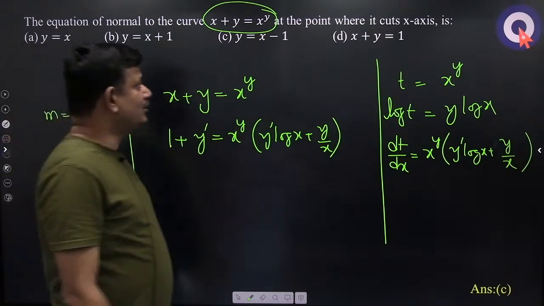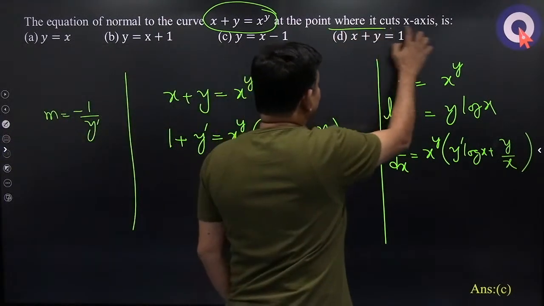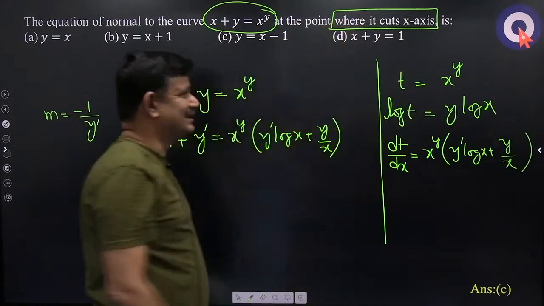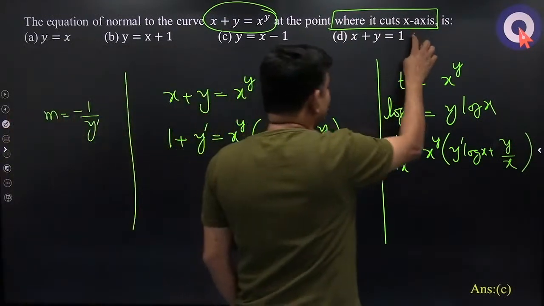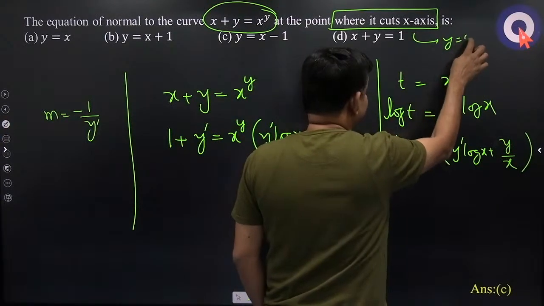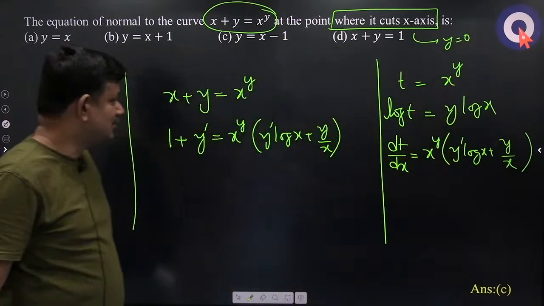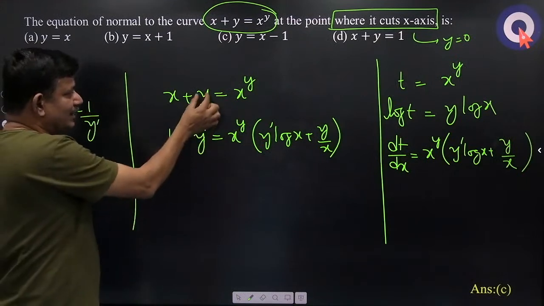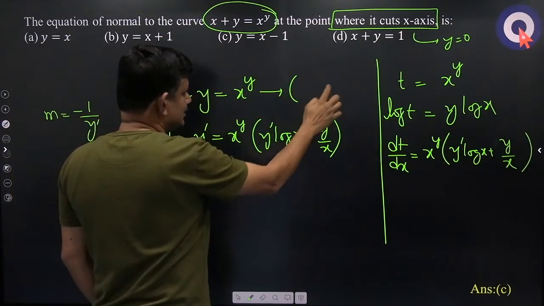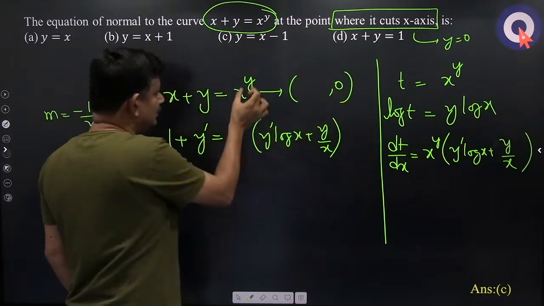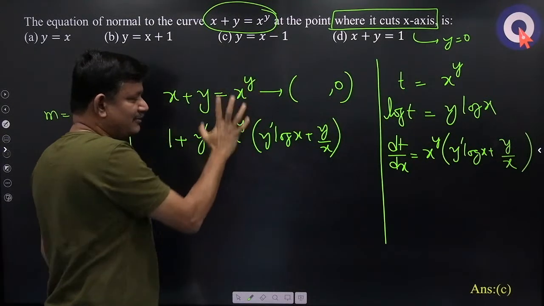Okay. Now where are you supposed to find the normal? The point where it cuts the x axis. That means the y coordinate at this point is 0. The y coordinate is 0, and the x coordinate is power 0, so x is 1.